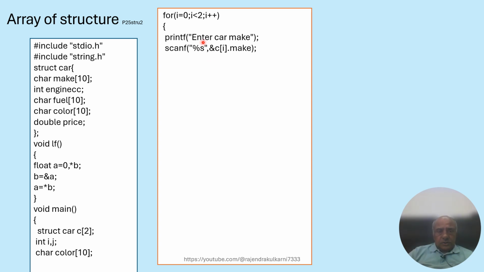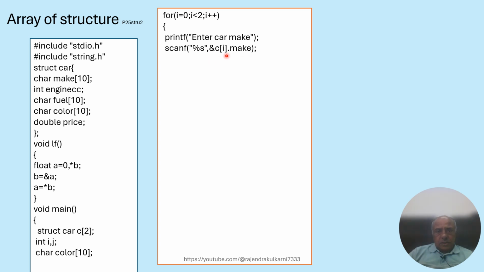So in the first printf statement, we prompt the user to enter car make, then whatever input the user gives is assigned to the 0th element, when i is equal to 0, of the array of structures c by this statement &c[i].make.